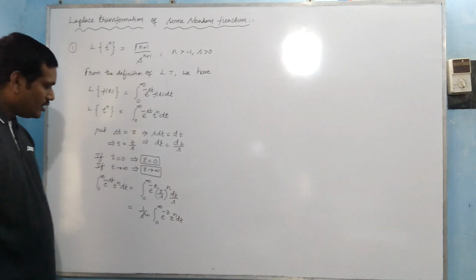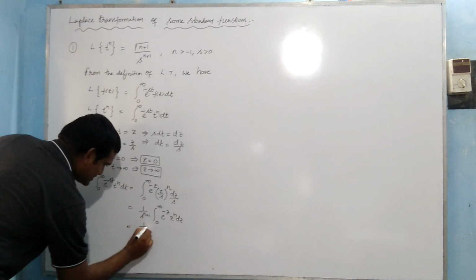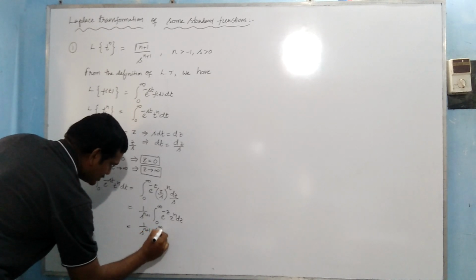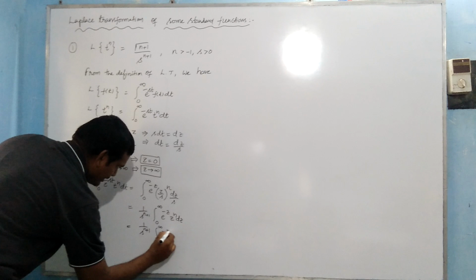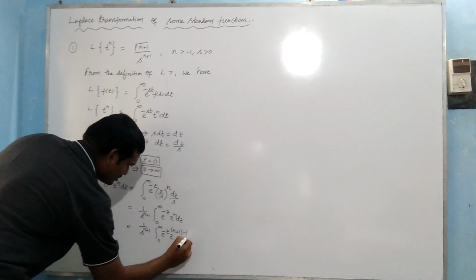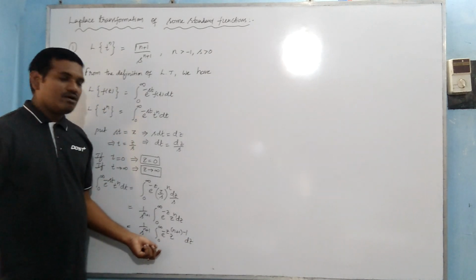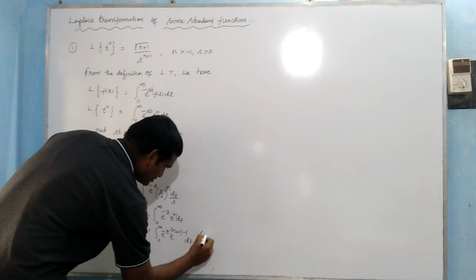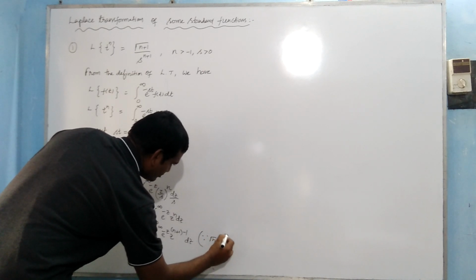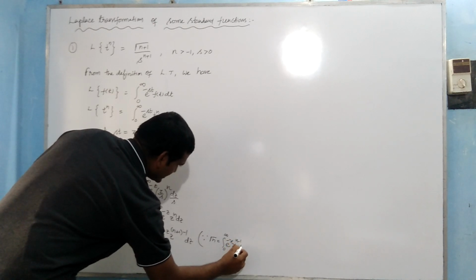Again this can be written as 1 by s to the power of n plus 1 integral 0 to infinity e power minus z, z to the power of n plus 1 minus 1 dz. From the definition of gamma of n, gamma of n is equal to integral 0 to infinity e power minus x, x to the power of n minus 1 dx.